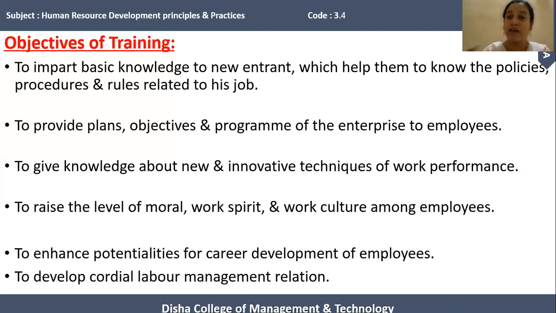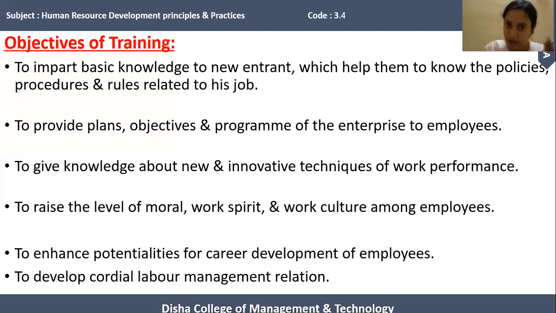So to make him or her more comfortable with the organizational environment and culture, and to provide some practical knowledge related to the job, the organization provides a training program to the newly appointed employee.